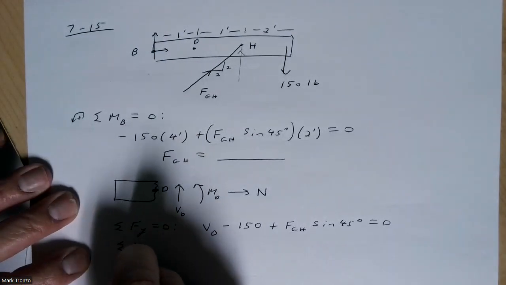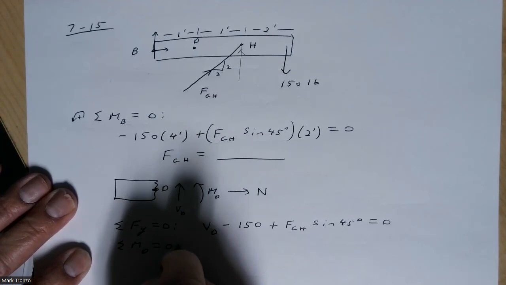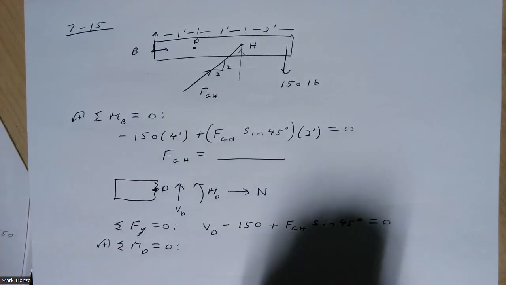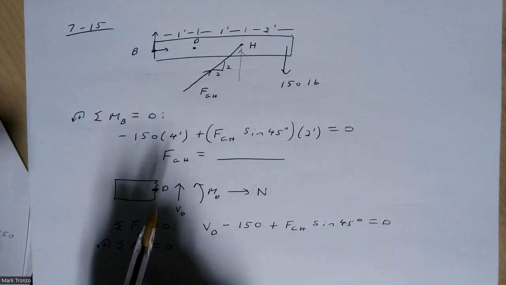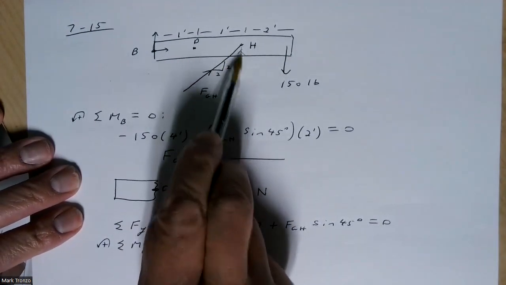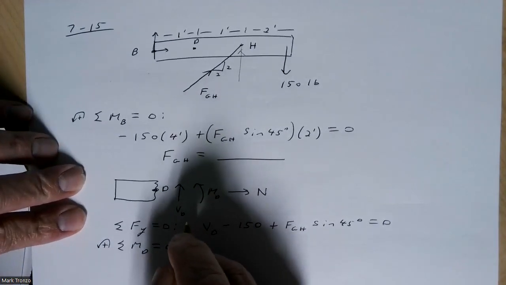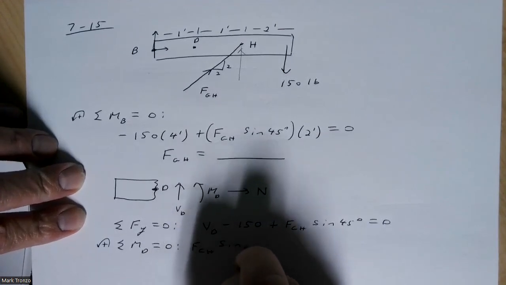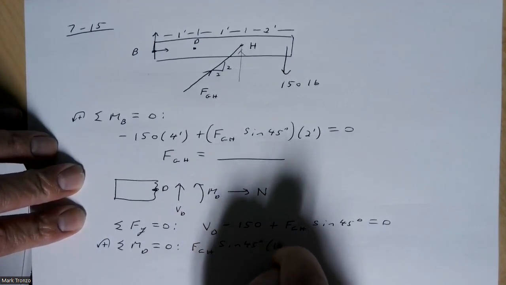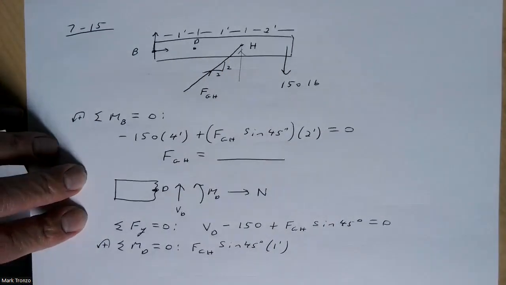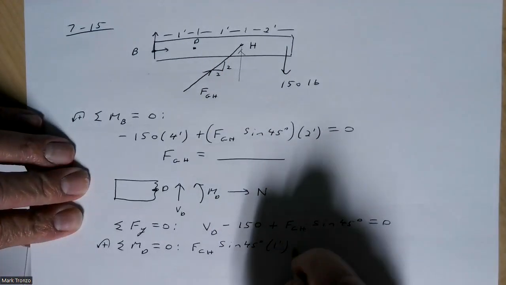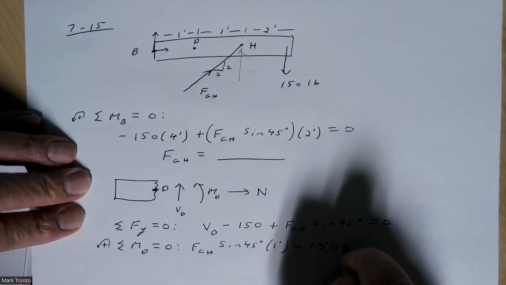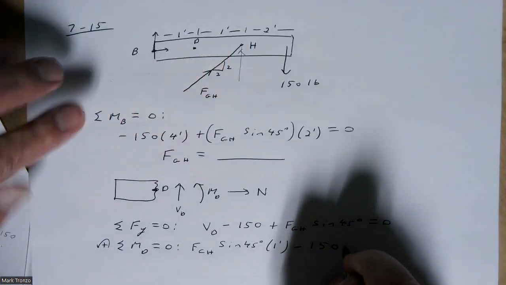Then same deal, sum the moments about D, set it equal to 0. Once again, we're looking at the moment from D of this force here. So that's going to be your FGH sine 45 times 1 foot, because it's only 1 foot from D. And then minus the 150 times 3 feet.